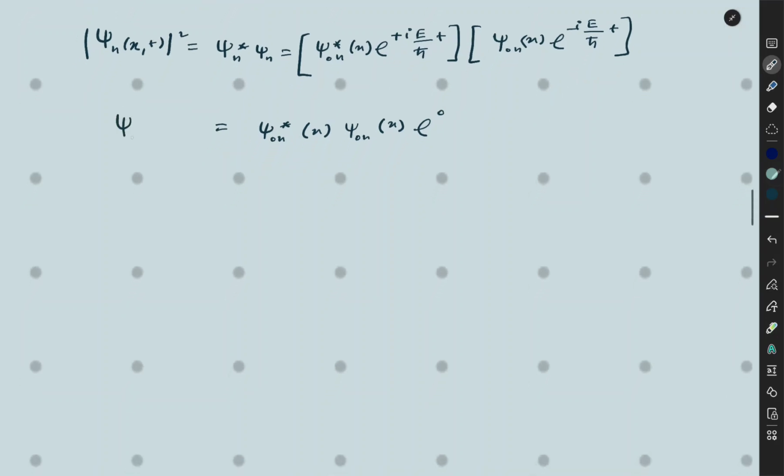So this one we get as psi square, psi naught n of x whole square, which is equal to this part.